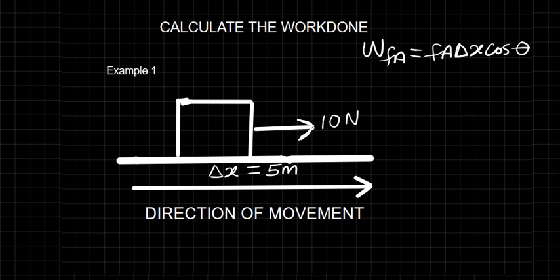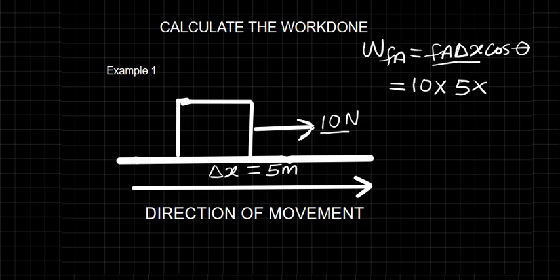The applied force in this question is 10, so we take our 10 multiplied by our displacement, which is 5. Then we multiply by the cos theta, which is the angle between the applied force and the direction of movement or the displacement.